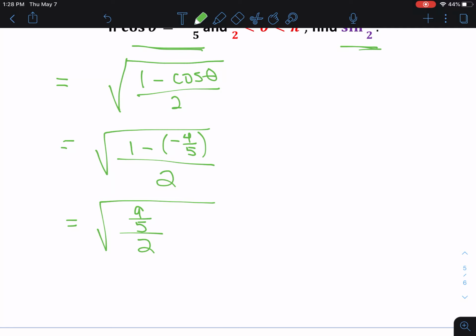And then you might want to simplify what's inside the radical there. So I'm going to do that off to the side here. I've got 9/5 divided by 2, or multiply by the reciprocal, right? Okay, so this is really 9/10.